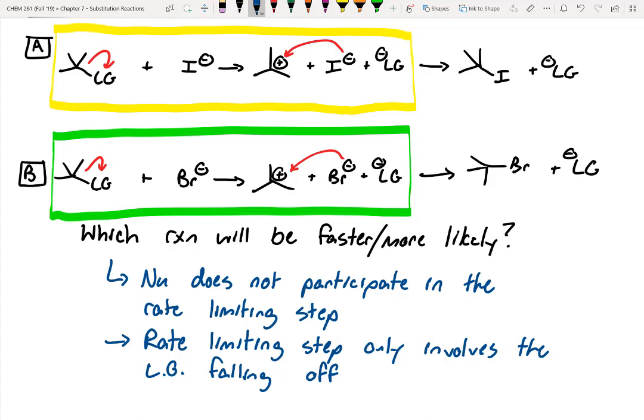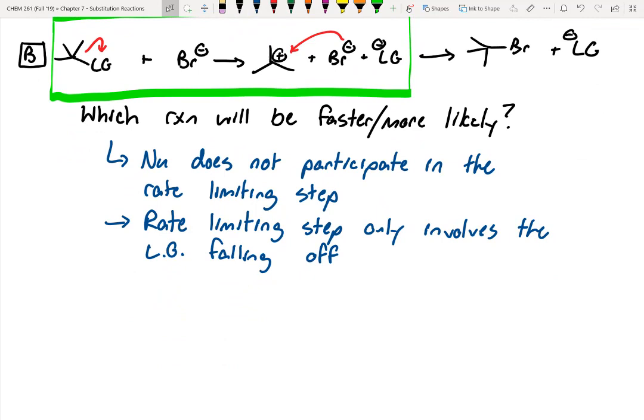Or do you think it's equally likely? I'd say equally likely, right? Because the nucleophile really doesn't do anything, and other than the nucleophile, it looks 100% identical between reaction A and reaction B. So which reaction is faster and more likely? They are equally likely.